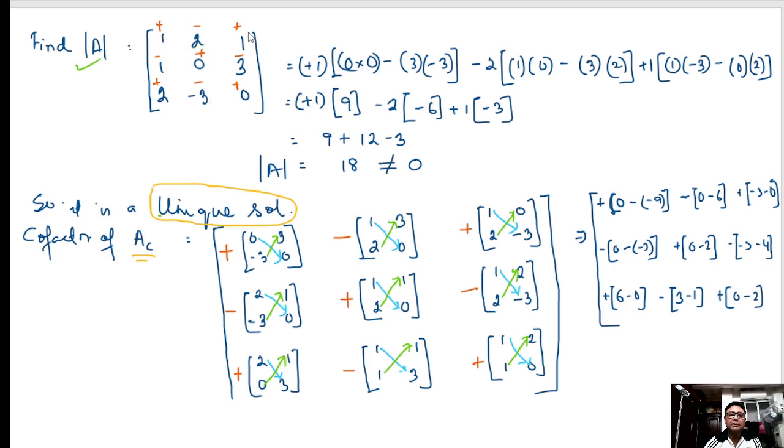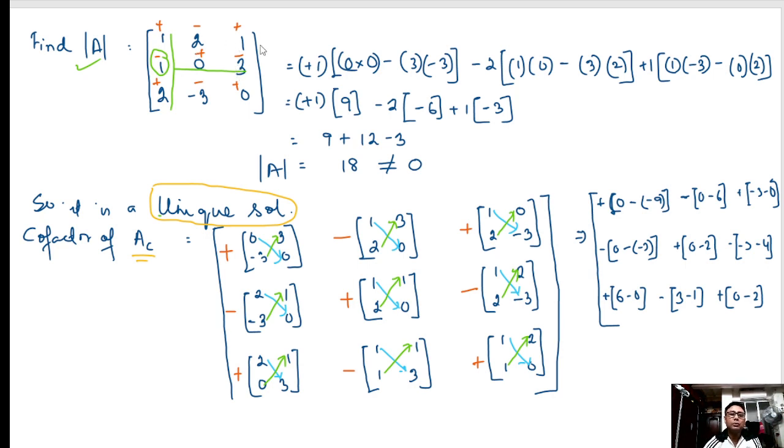Next, if you take this position, you cannot take this row and this column. So you are left with only this part. So here I have written. Similarly, if you take this position, you cannot take this column and this row.